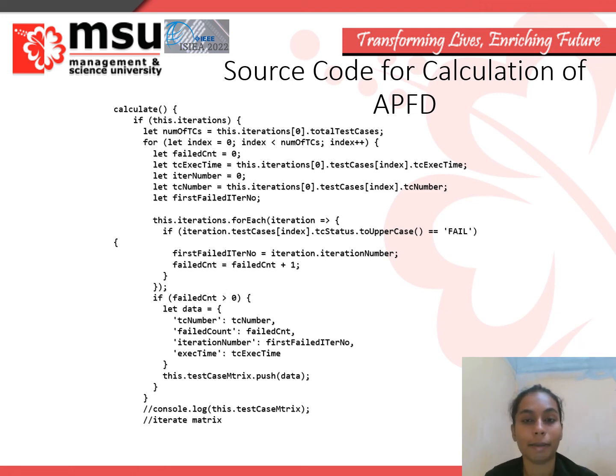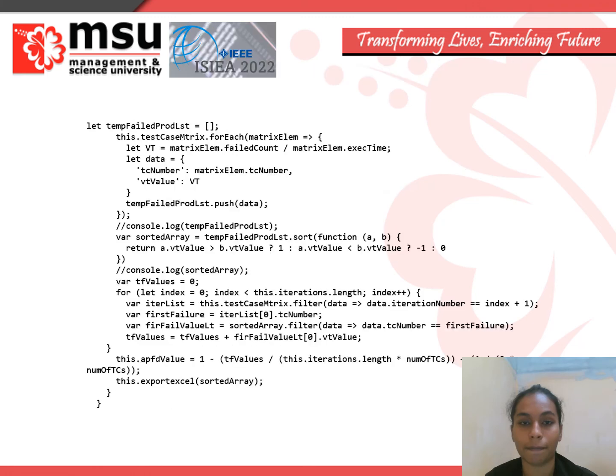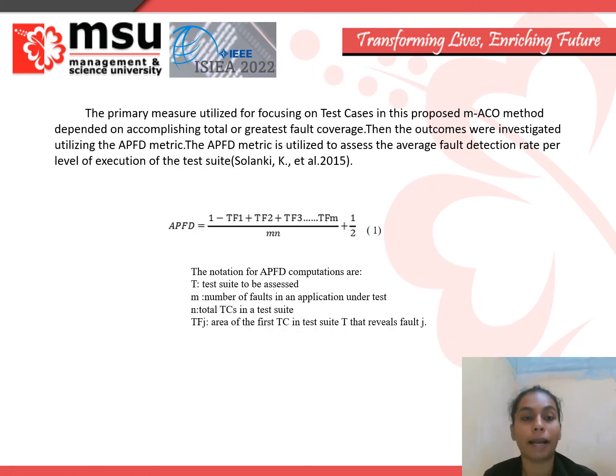So basically, the main source code of the APFD calculation is shown here. The primary measure utilized for prioritizing test cases in this proposed m-ACO method depended on achieving total or maximum fault coverage. Then the outcomes were investigated using the APFD metric. The APFD metric is utilized to assess the average fault detection rate per level of execution of the test suite.